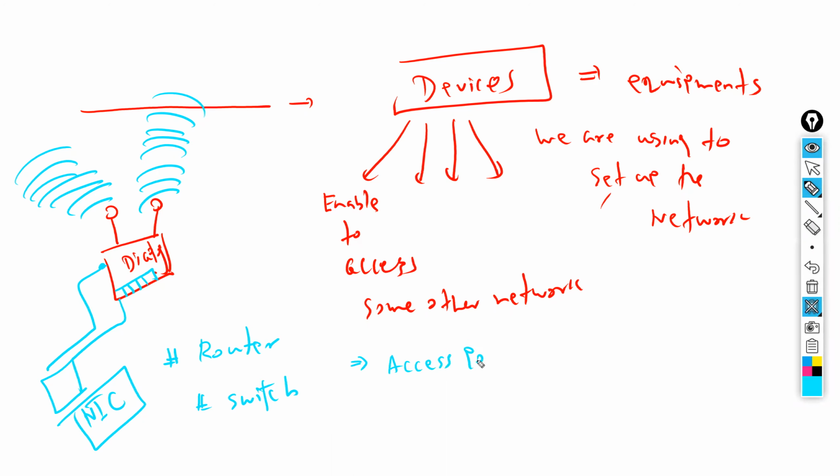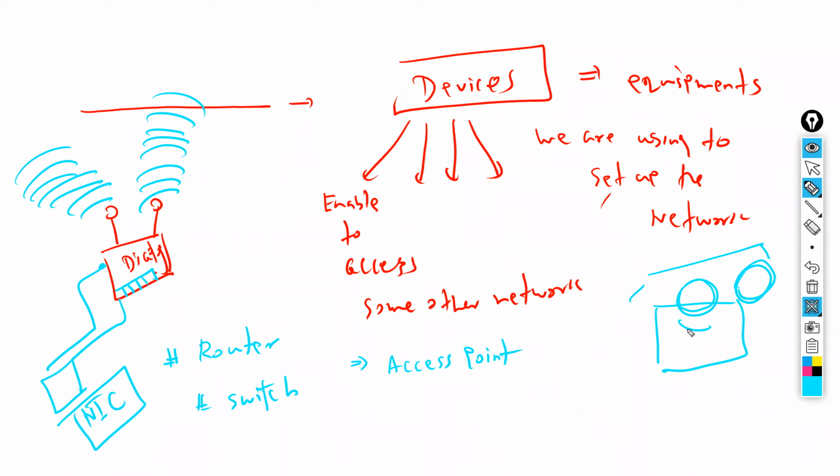What do you mean by an access point? I think you have seen in some shopping malls, some shopping complexes, on the rooftop, or sometimes below the rooftop, there are some devices fixed.